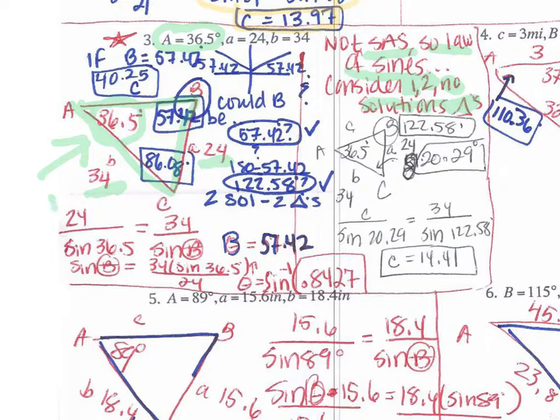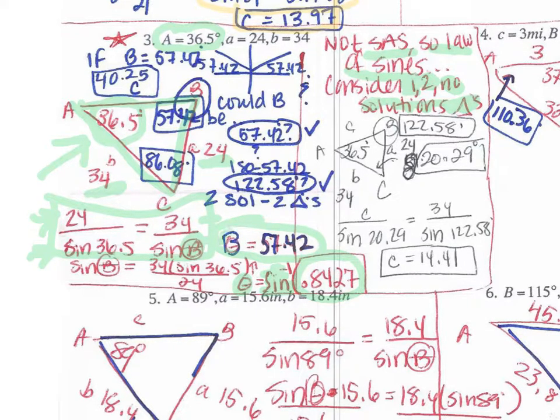I chose to use law of sines to search for angle B, so I did little a over sine of A is equal to little b over sine of B. I then isolated theta, aka B, as inverse sine of the value I got when I cross multiplied and simplified, and B, or theta, was 57.42.